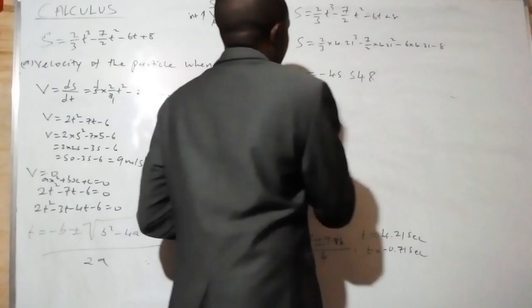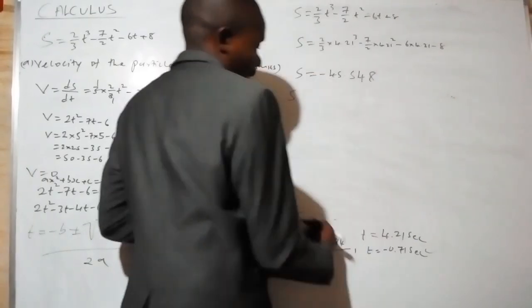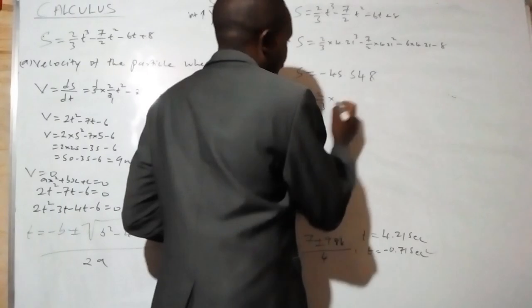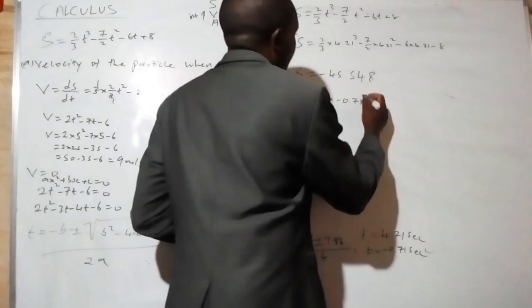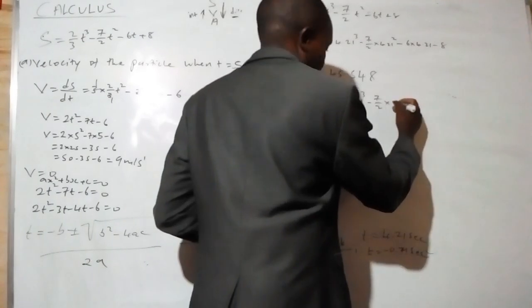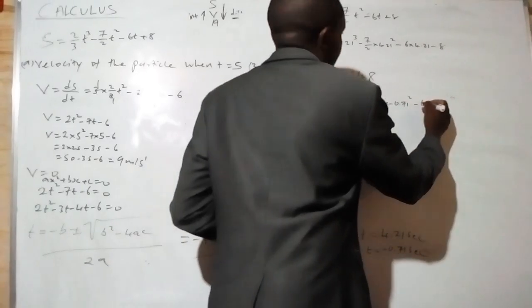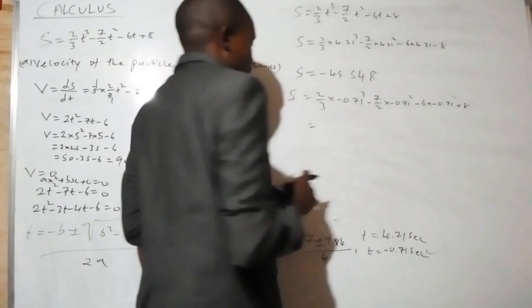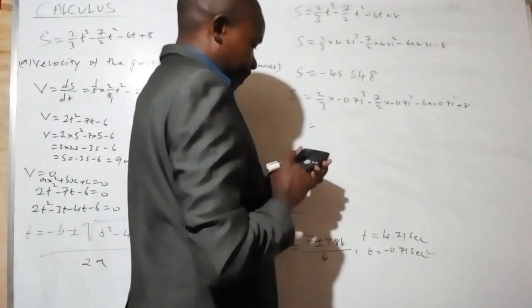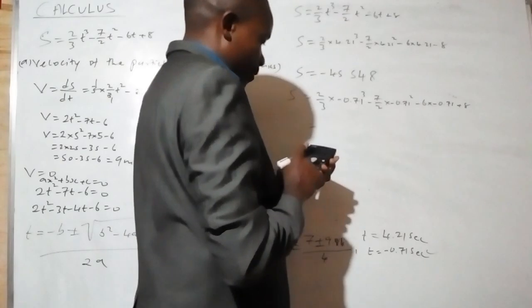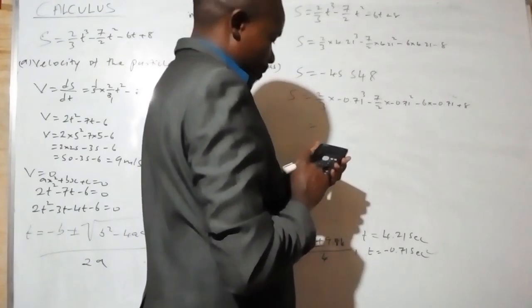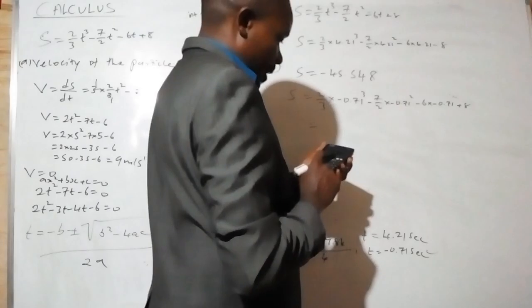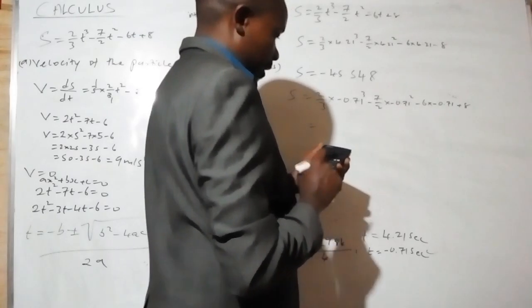Then for the other one, we can have s is equal to 2 over 3 times negative 0.71 cubed minus 7 over 2 times negative 0.71 squared minus 6 times negative 0.71 plus 8, to have negative 2 over 3 times 0.71 cubed plus 7 over 2 times 0.71 squared plus 6 times 0.71 plus 8, to get 13.785.